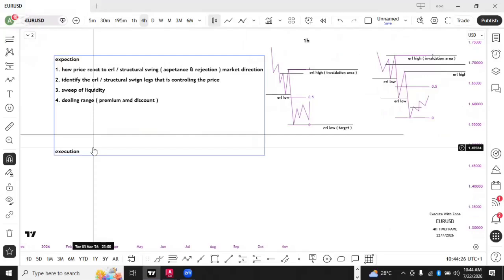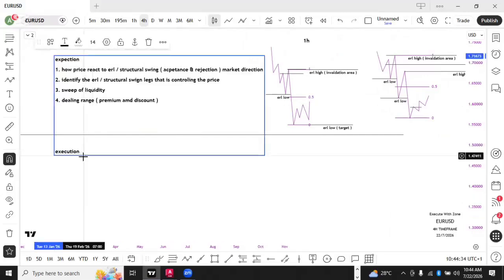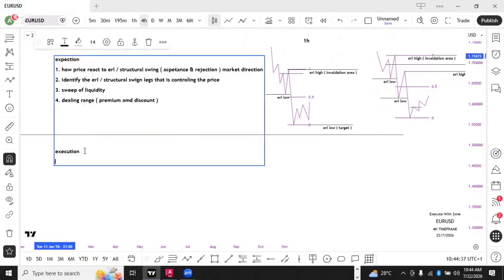Sorry, your execution now. The question you ask yourself in your execution is, one, am I counter trading to a higher time frame POI?